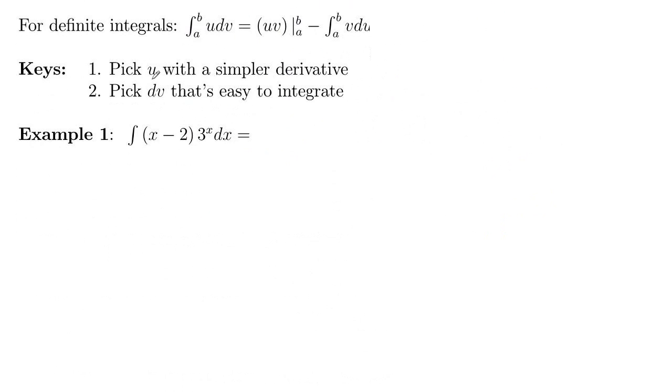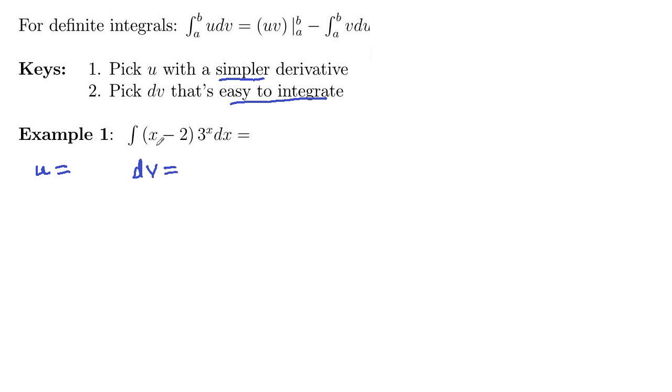So let's talk about how to carry this integration by parts thing out. The keys here are to pick u so that it has a simpler derivative, because you're going to replace it with du on the right-hand side, and pick dv so that it's easy to integrate. So for example, let's say we want to integrate x minus 2 times 3 to the x dx. So I want to pick my u and my dv.